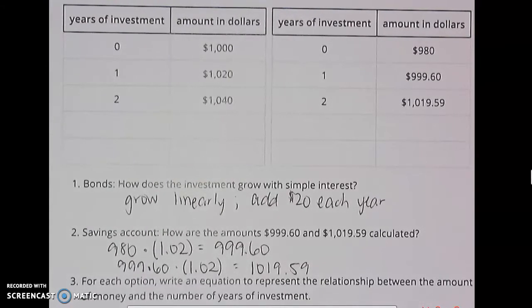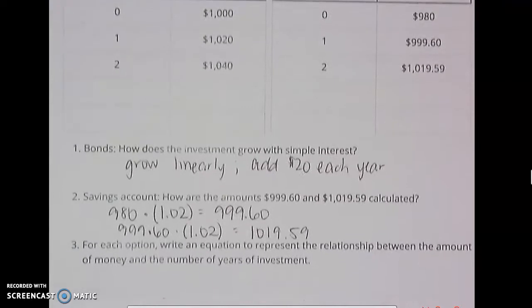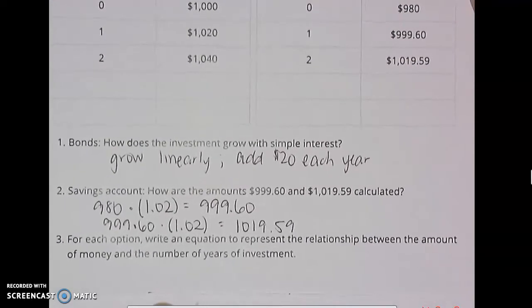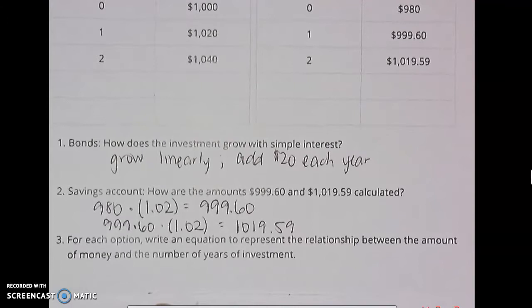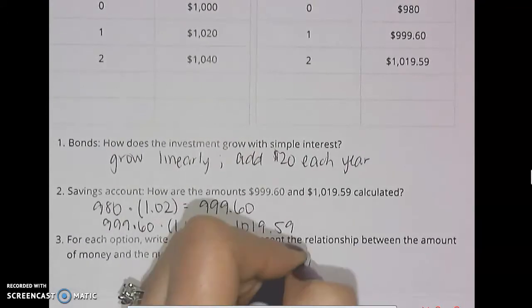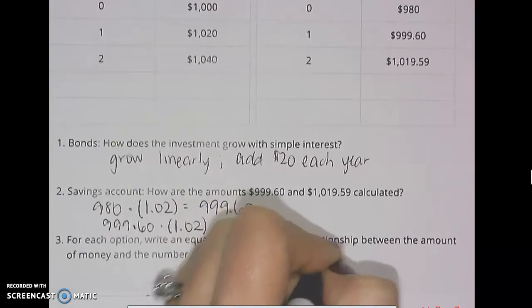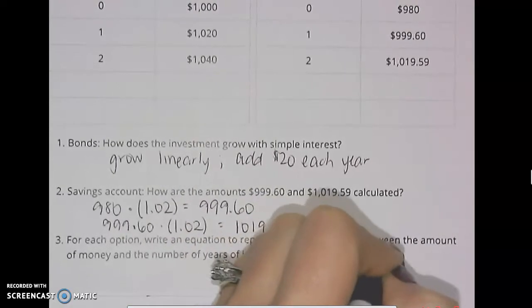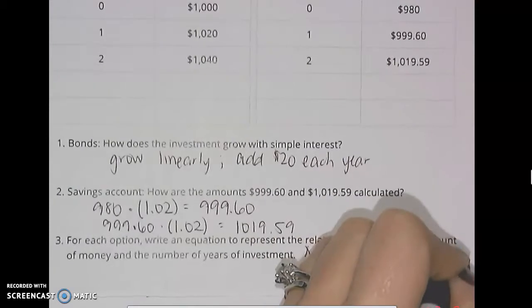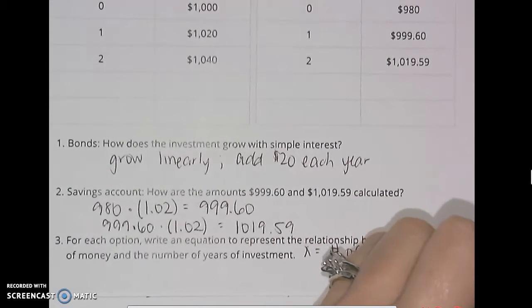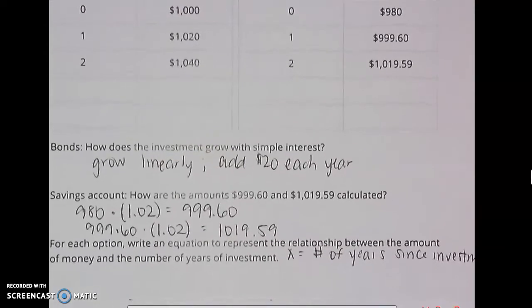Okay. Number 3 says, for each option, write an equation to represent the relationship between the amount of money and the number of years of investment. So we're going to have to define that x equals the number of years since investment. And that's probably going to go off the screen for y'all.